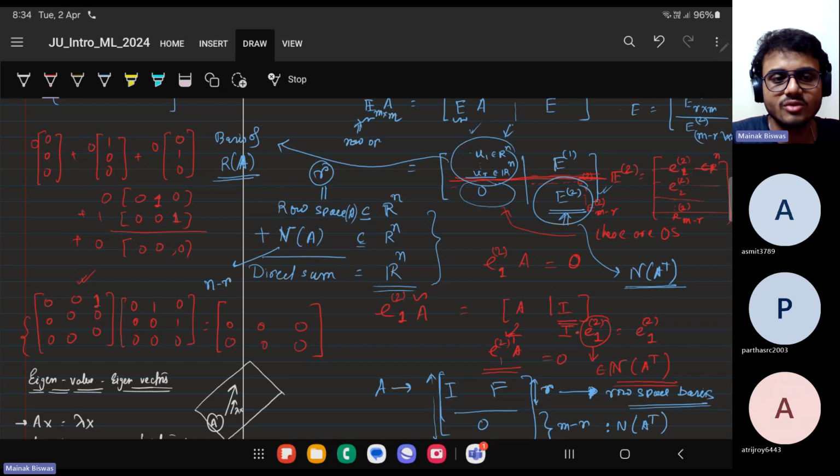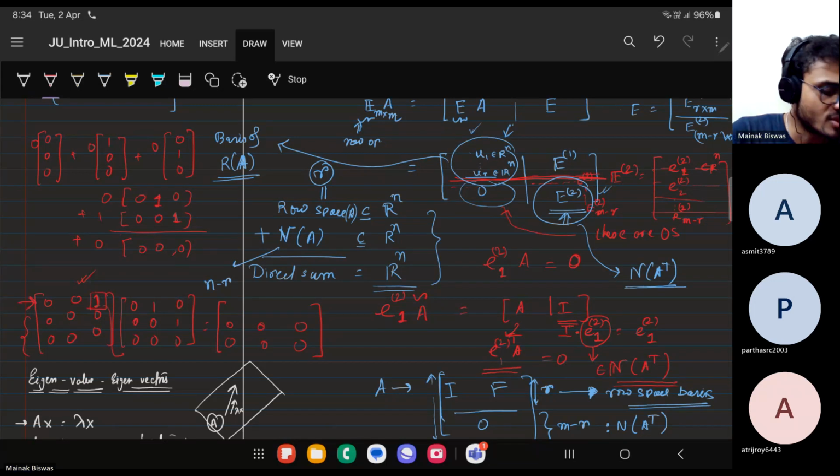All the elements of the rows are 0. So when you multiply the first row, what will happen? Only the element corresponding to the third row is 1, which means that also becomes 0. So you're going to get only zeros, right?